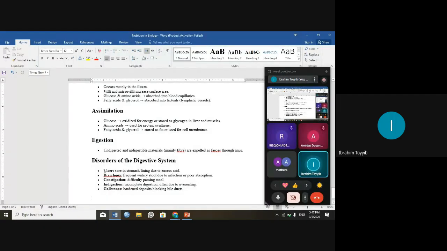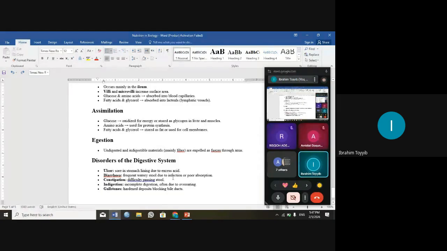Now let's look at the disorders of the digestive system. Ulcer. The meaning of ulcer is a sore in the stomach lining due to excess acid, the hydrochloric acid in the stomach. Diarrhea is a frequent watery stool due to infection or poor absorption.